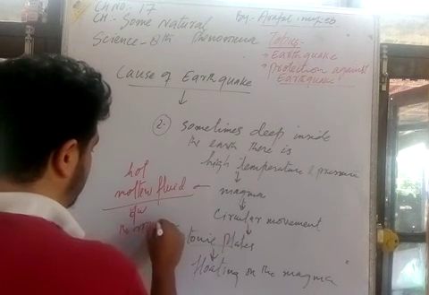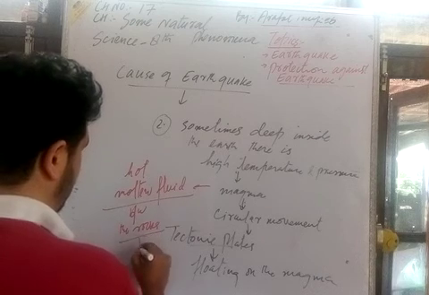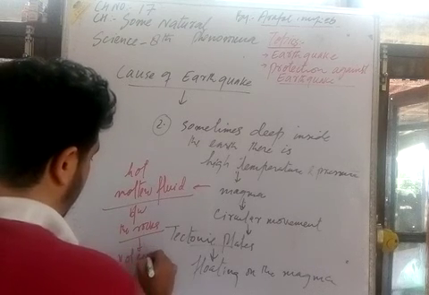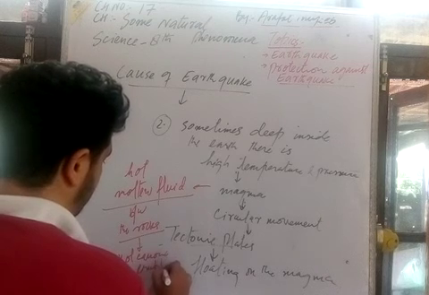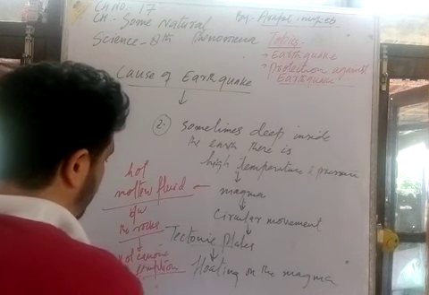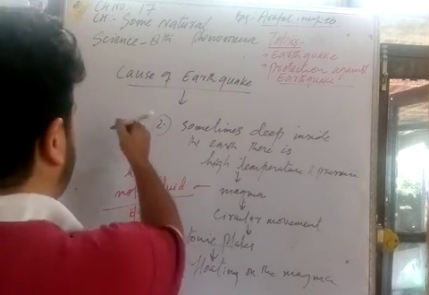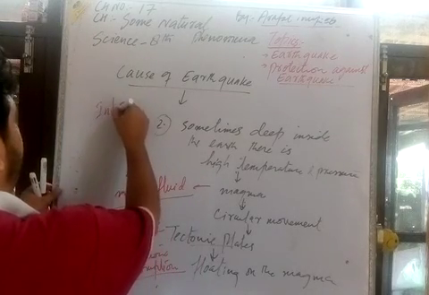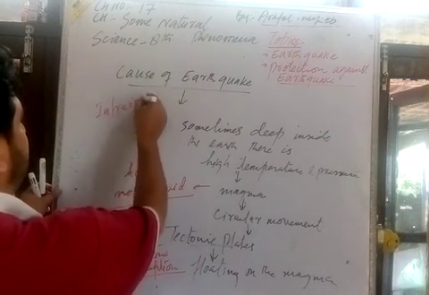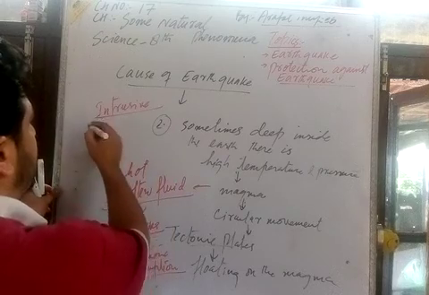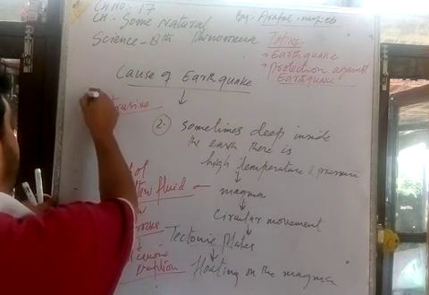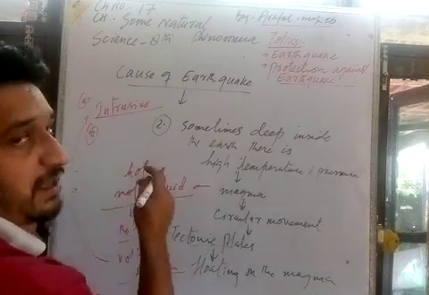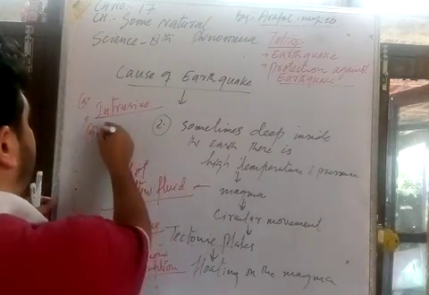Sometimes there is also a volcanic eruption. आपने सुना होगा कि जो किसी वक्त volcanic eruption is intrusive, इसलिए फट जाता है interior of the earth. Sometimes there is a volcanic eruption, extrusive.